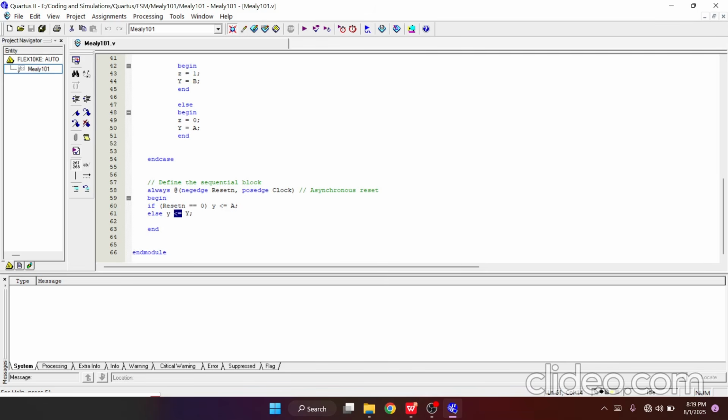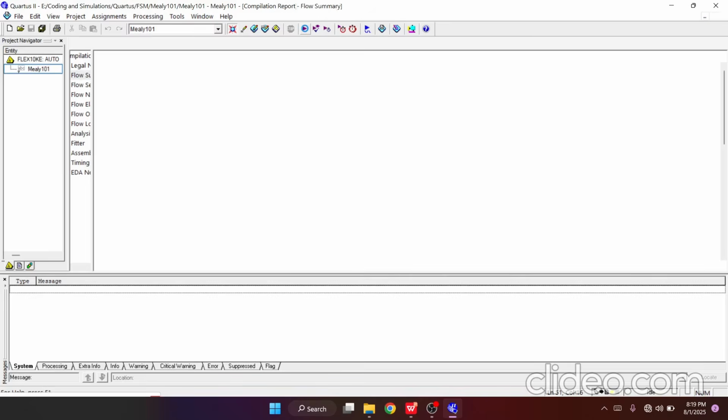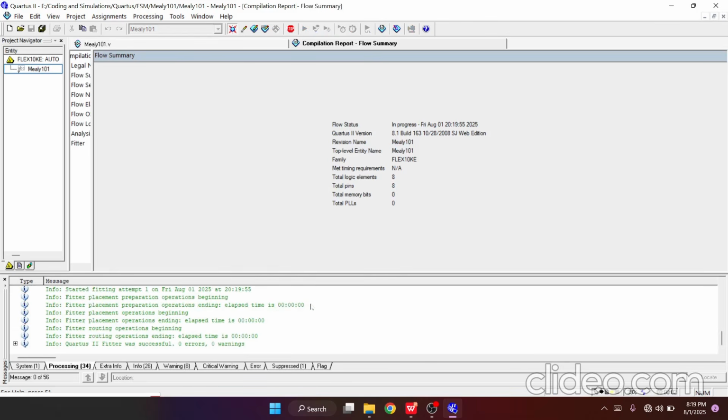Here we are using non-blocking assignment, so you must always remember that your next state value will be calculated and stored in capital Y, and in the next clock cycle, when you encounter another positive clock edge, at that time the stored capital Y value will then be transferred to the small y value. Okay, now let us compile this.